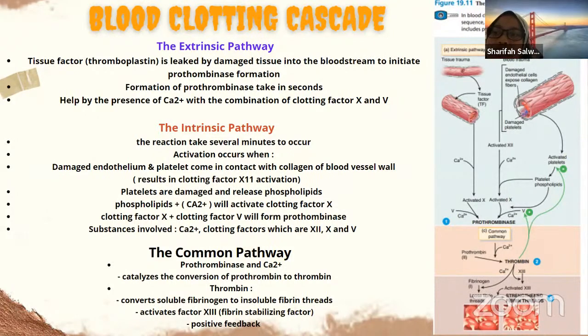It can occur at the same time. Aisha, do you agree? Extrinsic and intrinsic, do they occur at the same time or different time? At the same time.